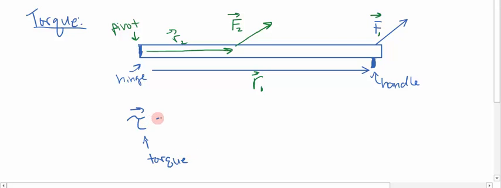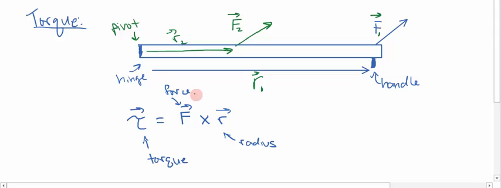So torque is going to be equal to the magnitude of the force that we apply, and I'm going to use that symbol right there, multiplied by the radius. Let's call that radius, and this will be the force.